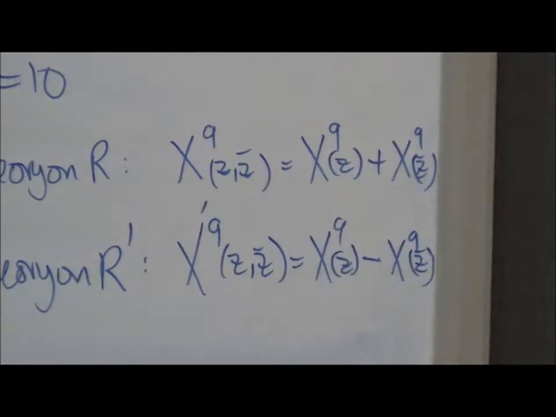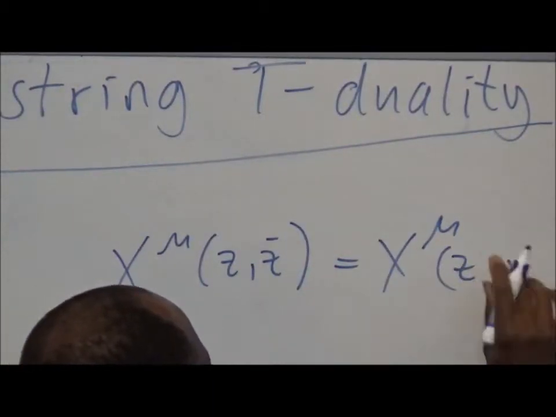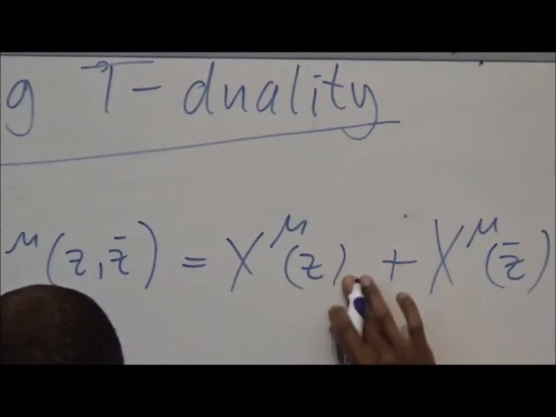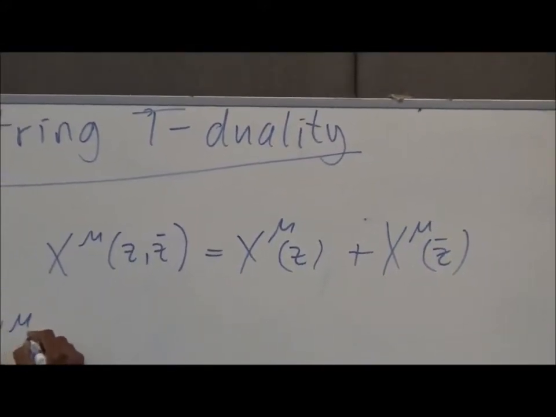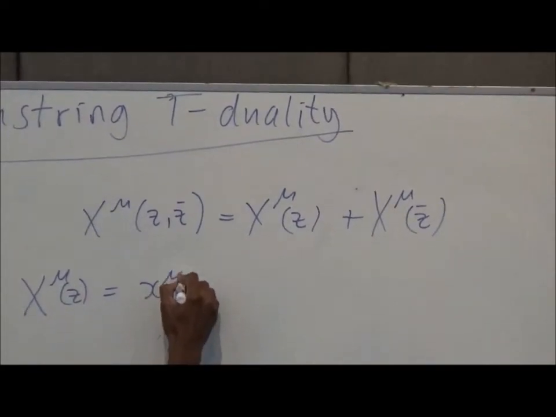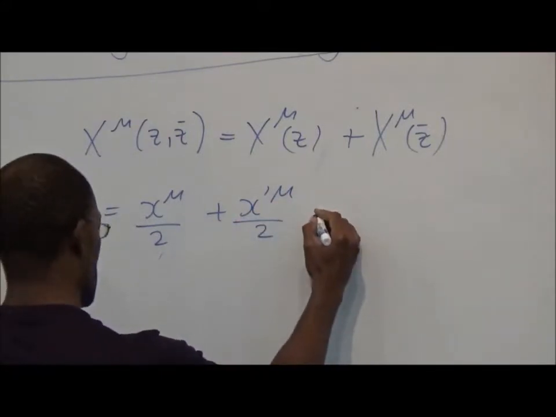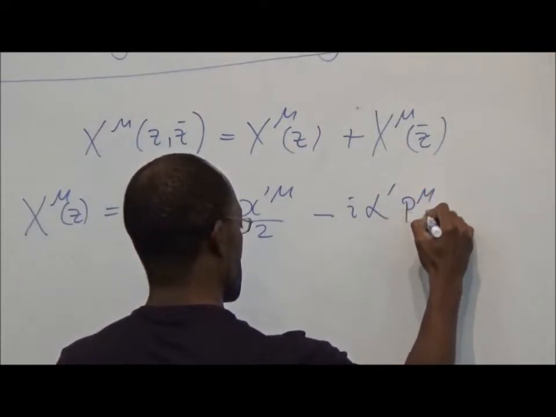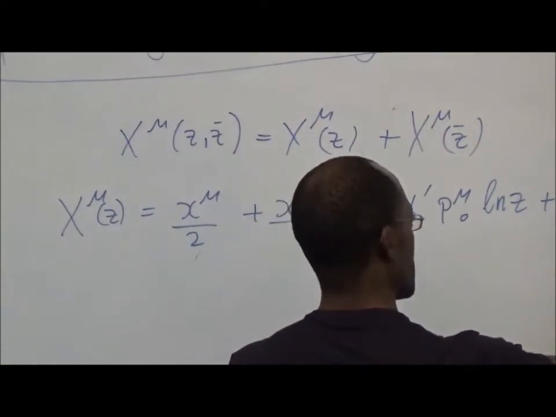Okay, so let's do that. Let's go back to mode expansions. Okay, and so I have x mu of z, z bar is x mu of z plus x mu of z bar. Let me write this out again. Now we have in mind the open string, and again I'm just going to make a split in the zero modes representing position, just to make the point.